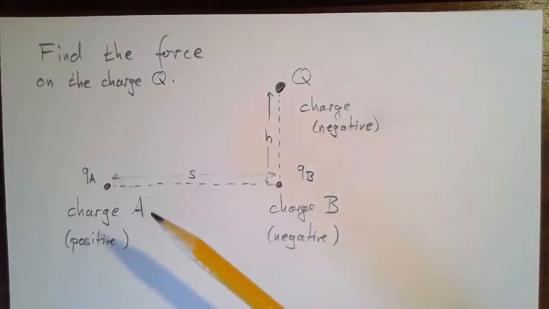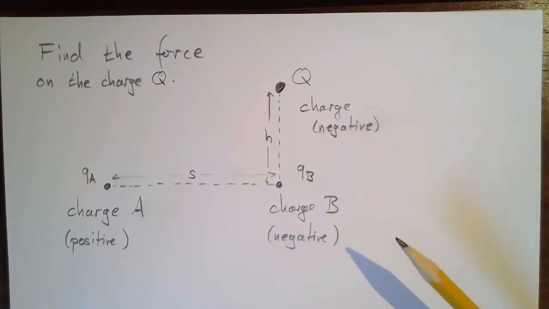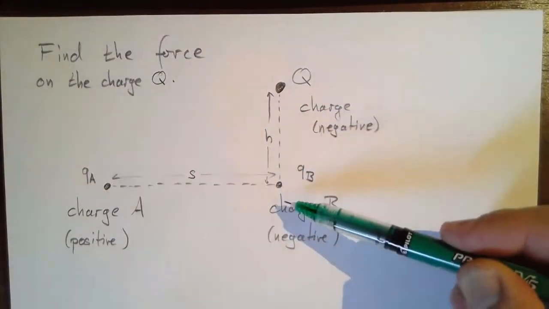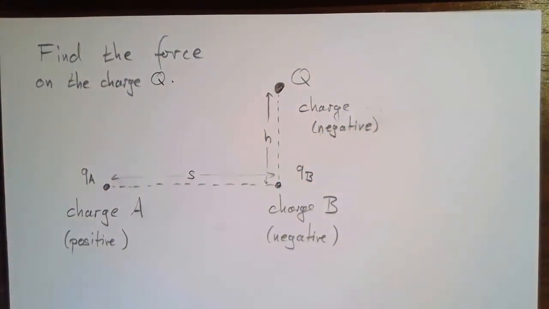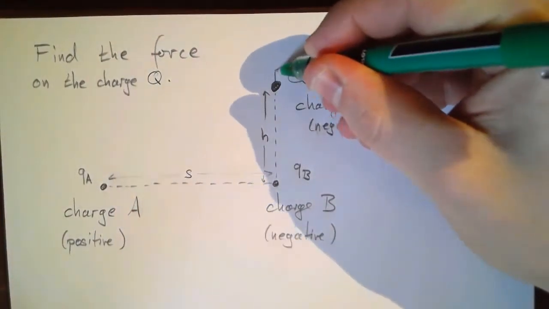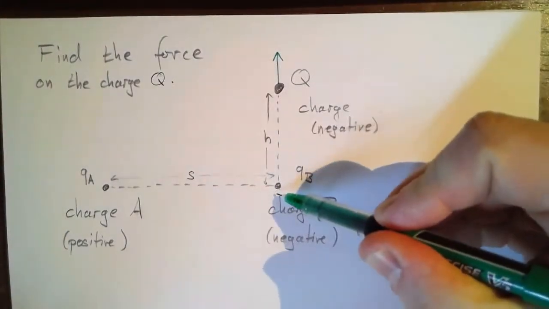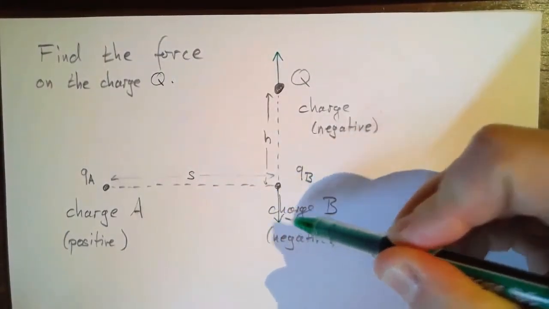So you've got three charges, and any two charges are going to interact. Now you know from your electrostatics that like charges, with the same sign, repel each other. So if I just take those two charges here, they're going to repel each other. So there's a force on this one that's in that direction, and there's a force on this one here that's in that direction.